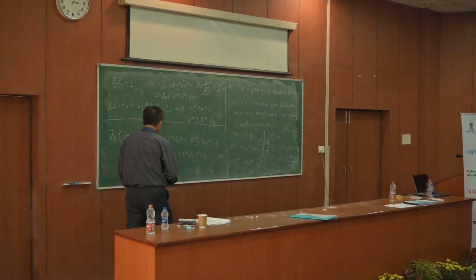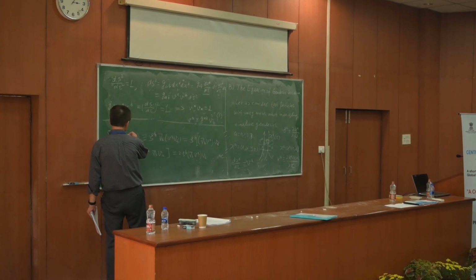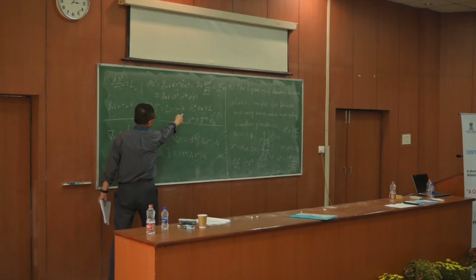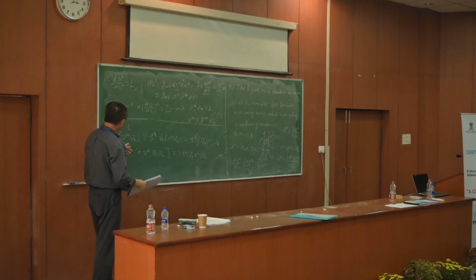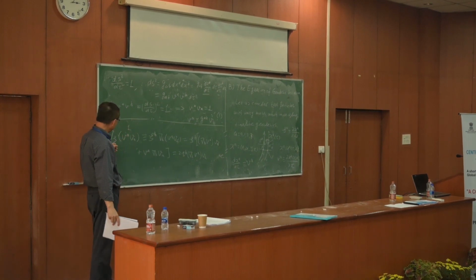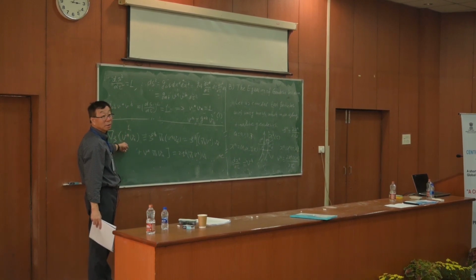Yeah, okay. But this one equals zero, like what we said, right? For a constant scalar, the covariant derivative equals the partial derivative, and the partial derivative of a constant equals 0. Correct?